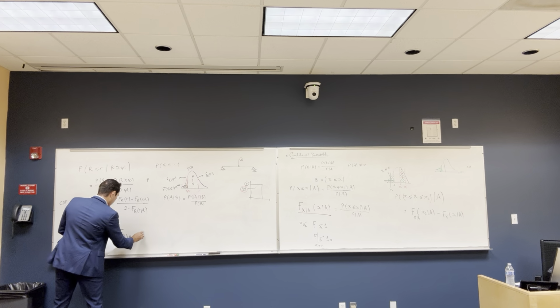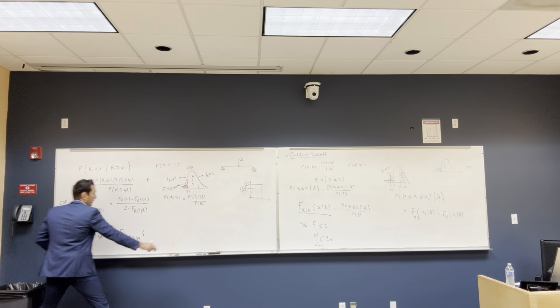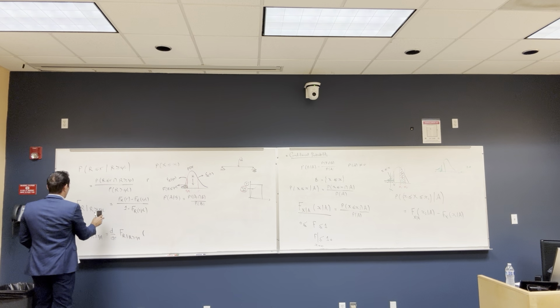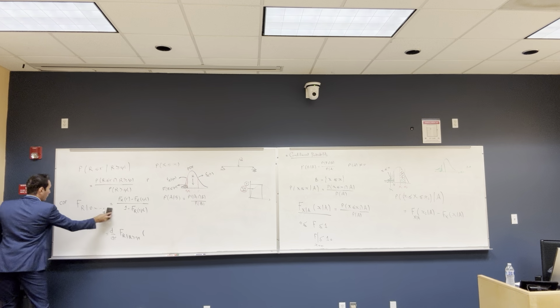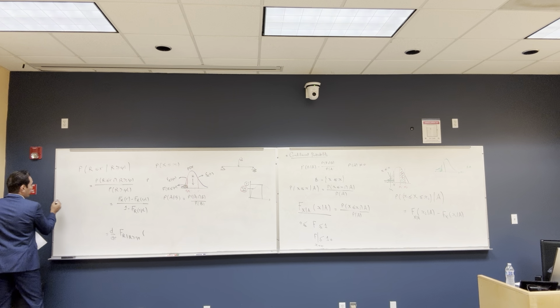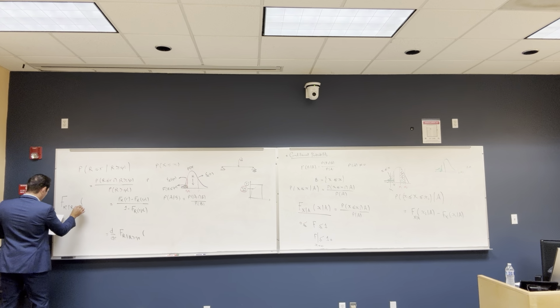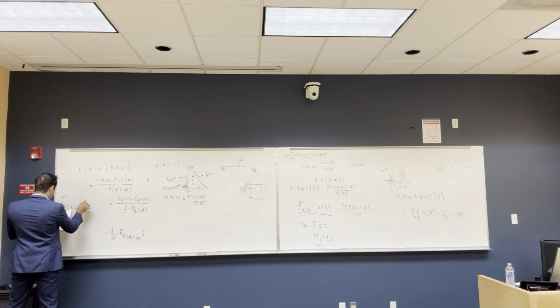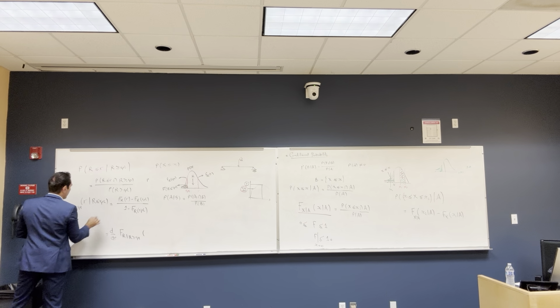Sorry, I forgot to put the random variables in parentheses, so let me put it here because it's very long. Here I have F of R given that R is less than or equal to RBL. That's how we write it.